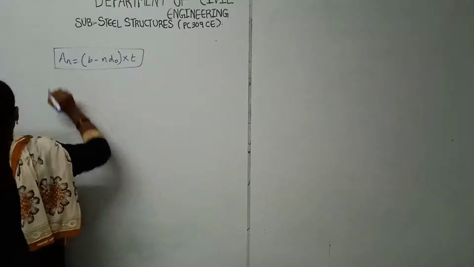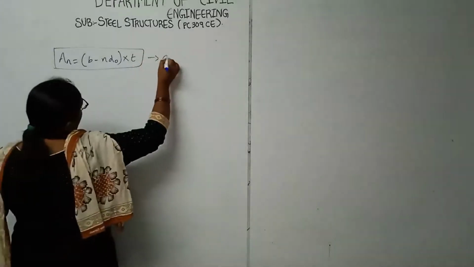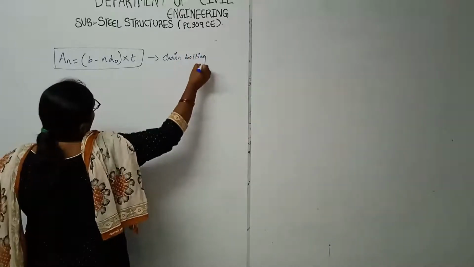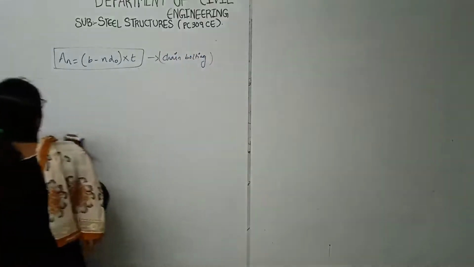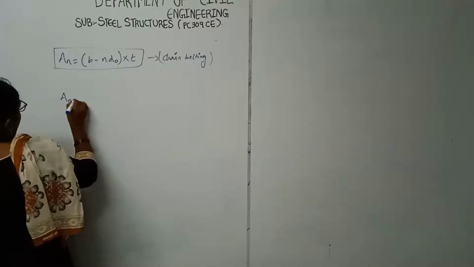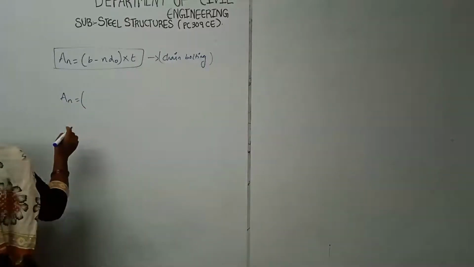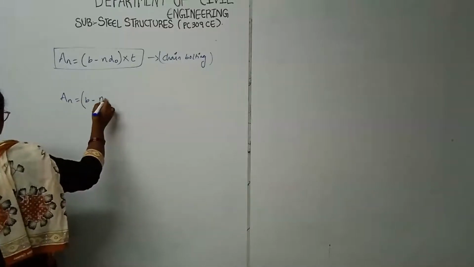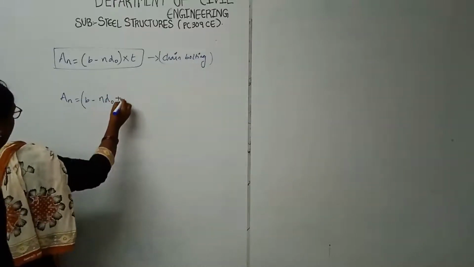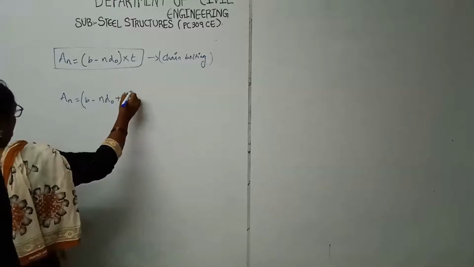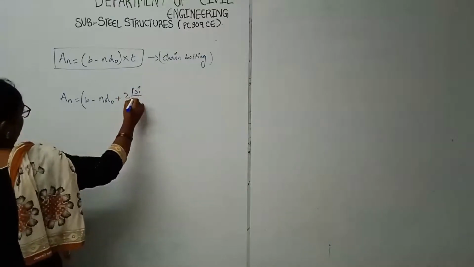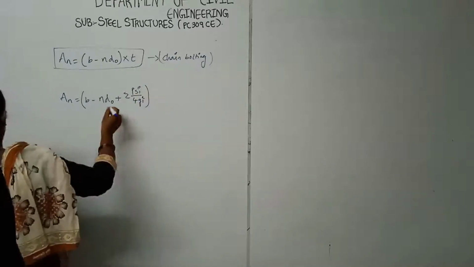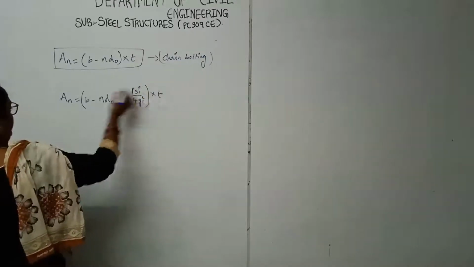This formula is for chain bolting. And next one, A_n is equal to (b minus n d_0 plus summation of p_i squared by 4g_i) into t.